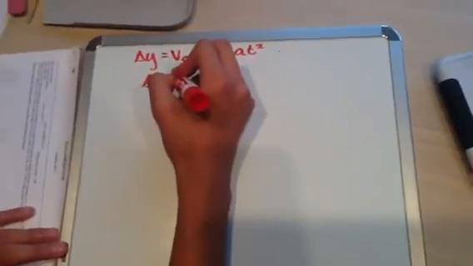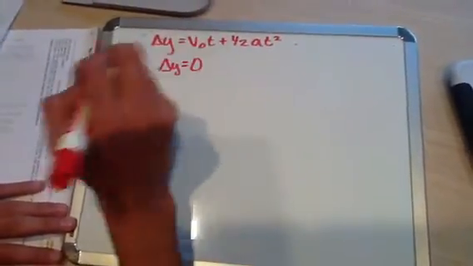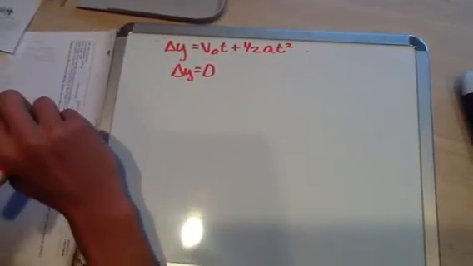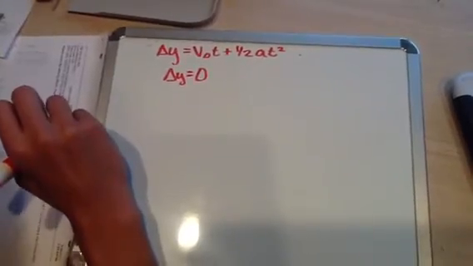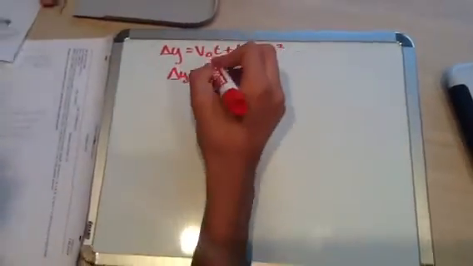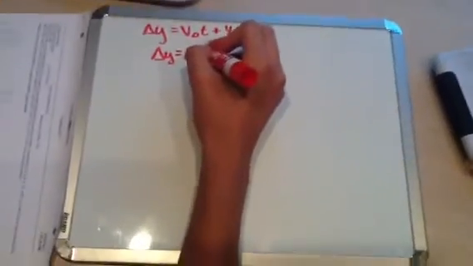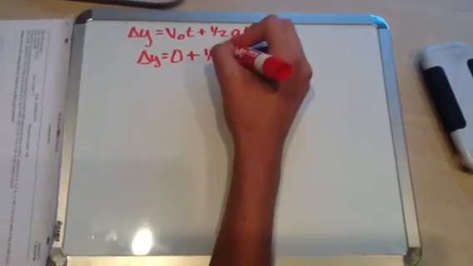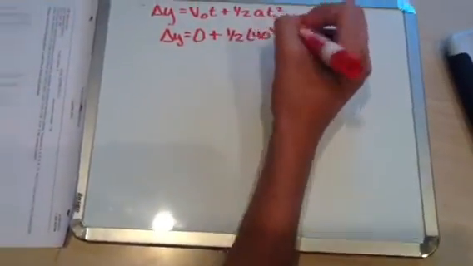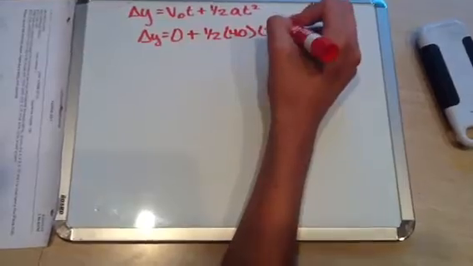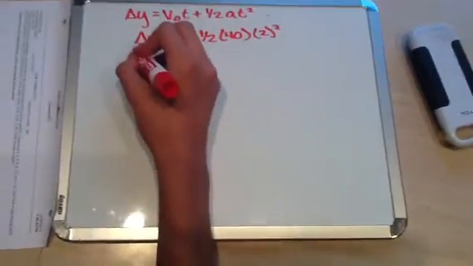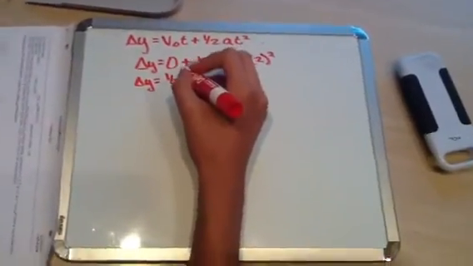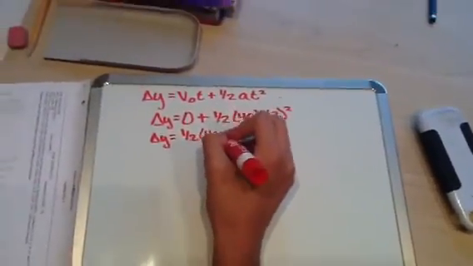We use the equation: change in distance equals initial velocity times time plus 1/2 times the acceleration times t squared. We know that the initial velocity equals 0, the acceleration is 40, and t equals 2 for the first segment. So we just solve using those numbers.